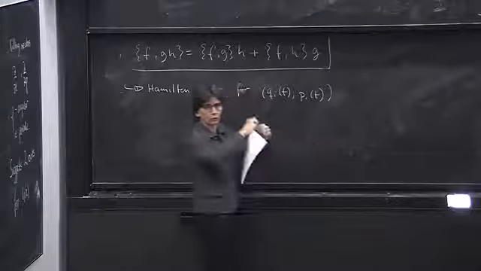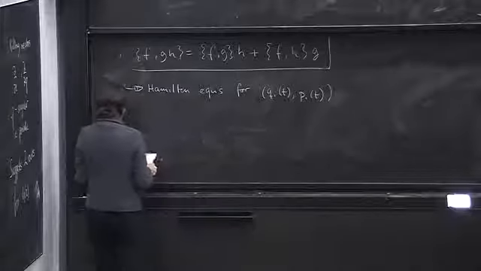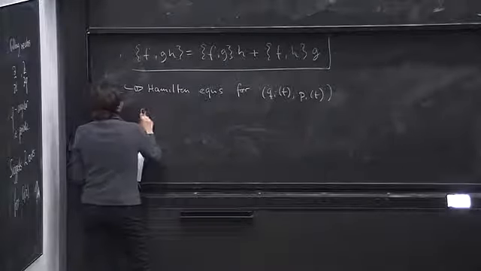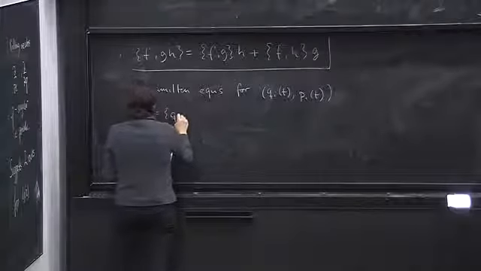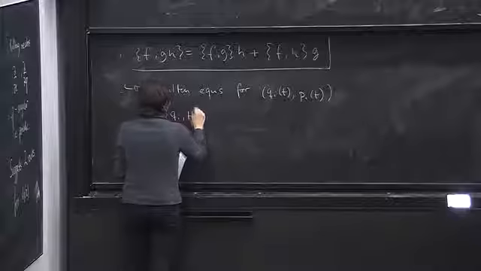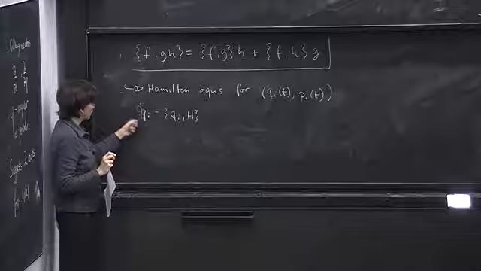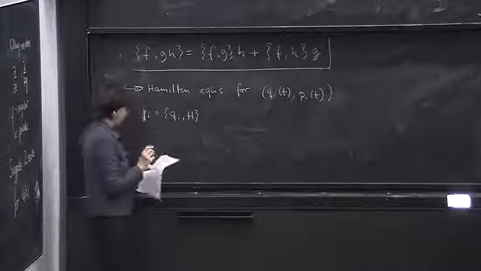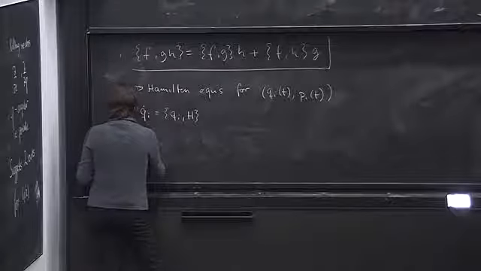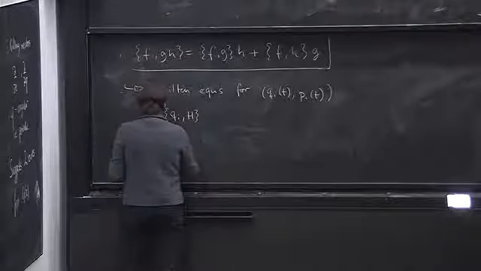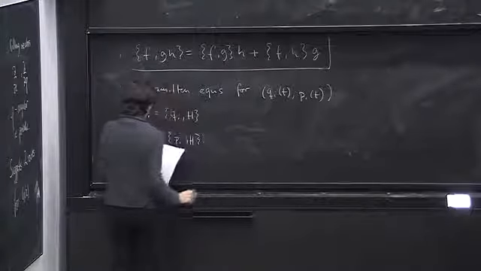I mean, you're looking for trajectories on phase space that give you solutions. And using these brackets, this is what the equations look like. So there are a bunch of first order equations. Qi dot is equal to the Poisson bracket of Qi with H. And Pi dot is given by the Poisson bracket of Pi with H.